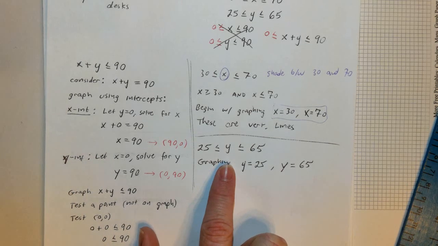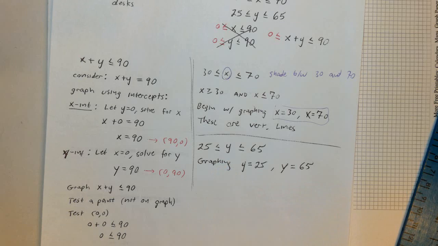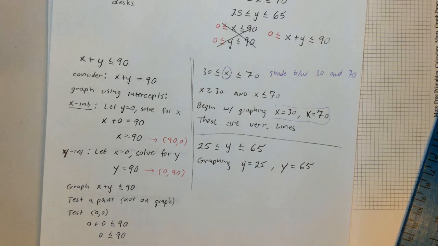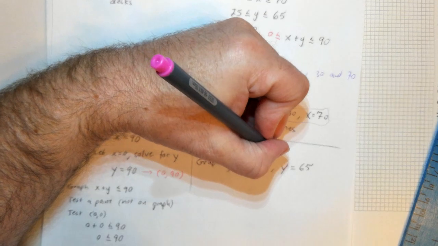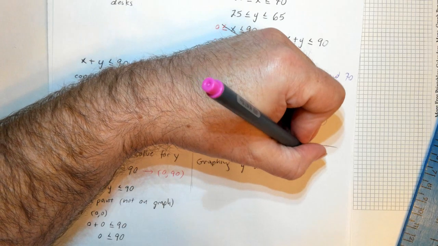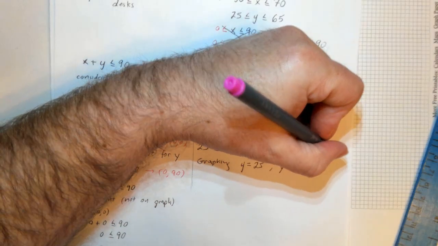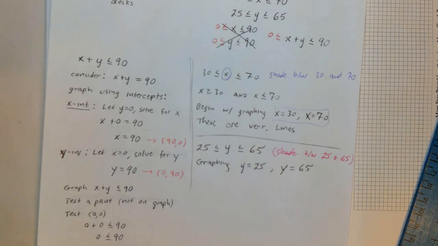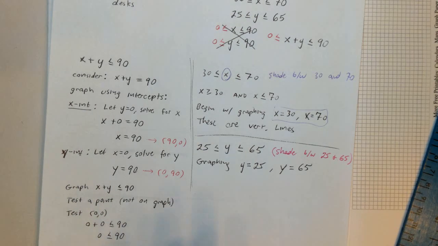I need a new color. I got a blue. I don't want to use blue yet. I'm going to use this pink. So, shade between. So it's slightly different than the red.